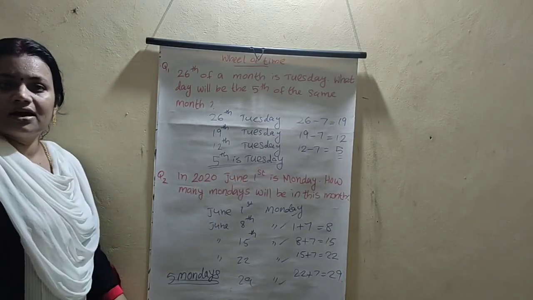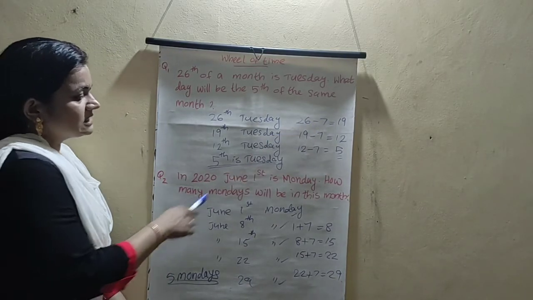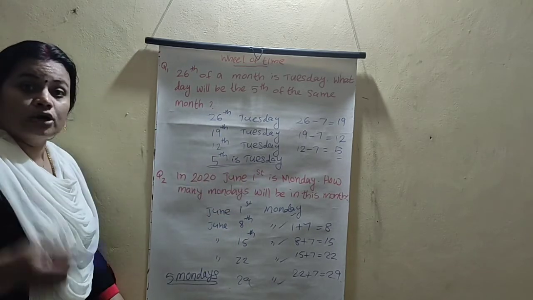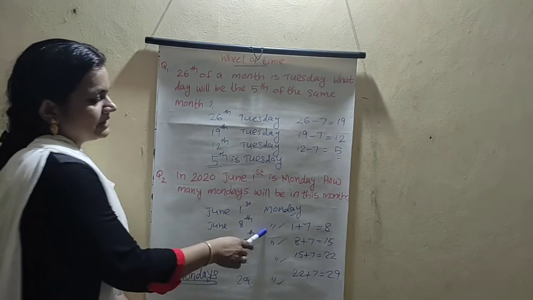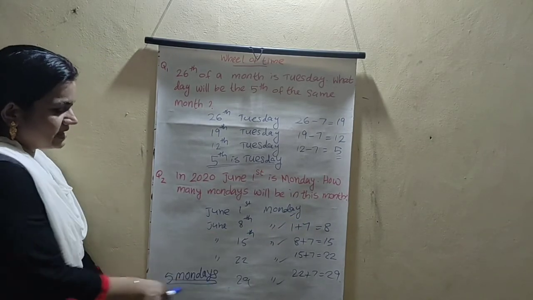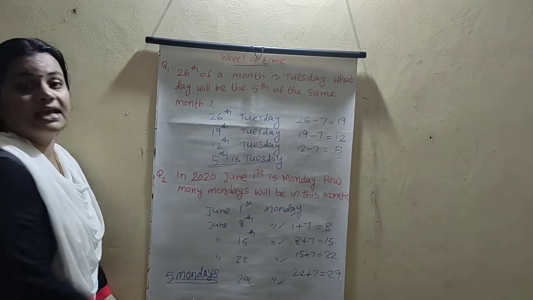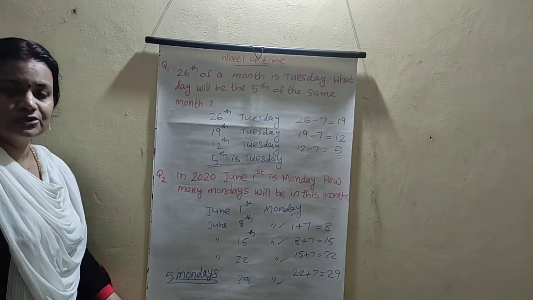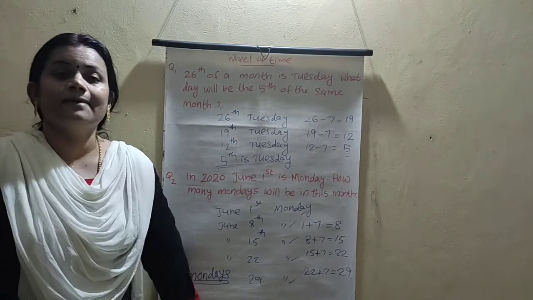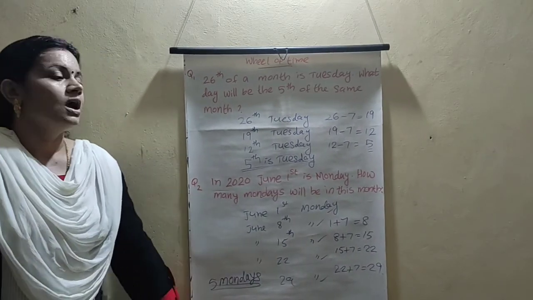In this one the first date is given. June 1st is Monday. We want to find out the total Mondays, so we add 7 to the given number. We got 5 Mondays in June. Understood all?